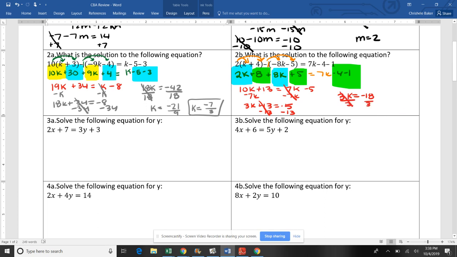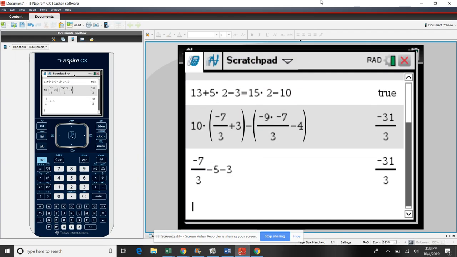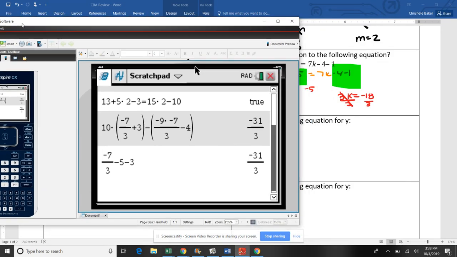And divide both sides by 3. So K is negative 18/3. So let's use our calculator and double check this answer.